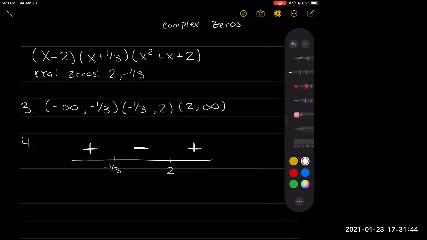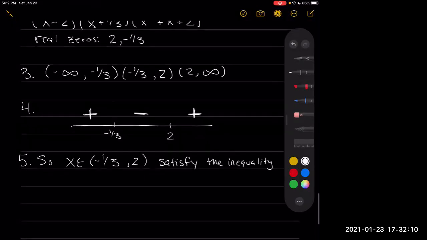We do not include 0 in this one. So that means x in -1/3 to 2 with soft brackets satisfies the inequality. And I'm going to rewrite the inequality now since it was at the beginning of this example.